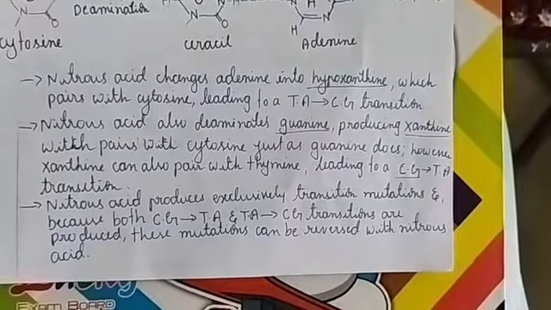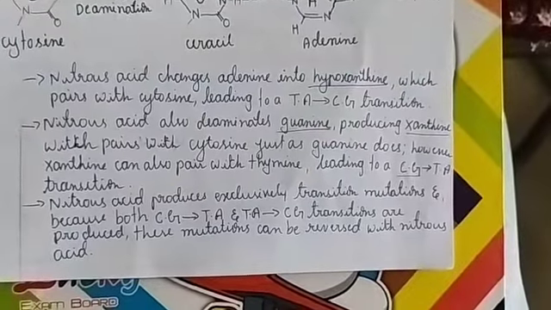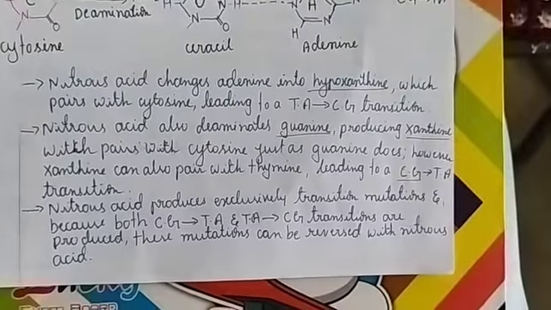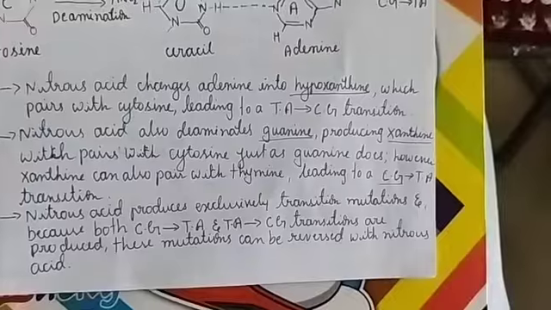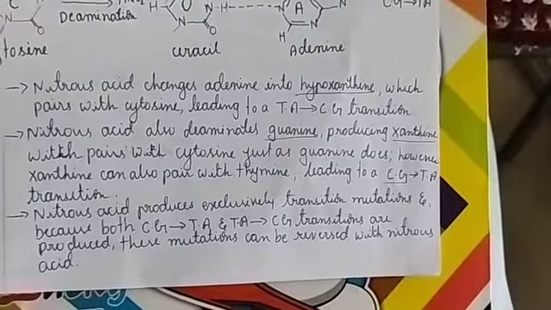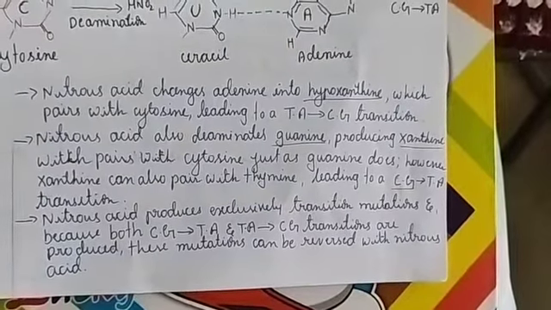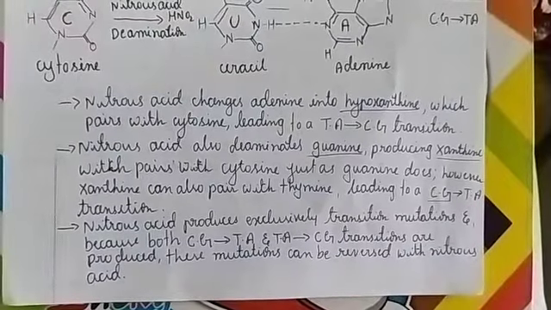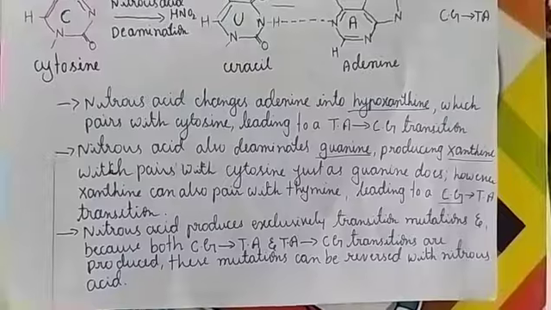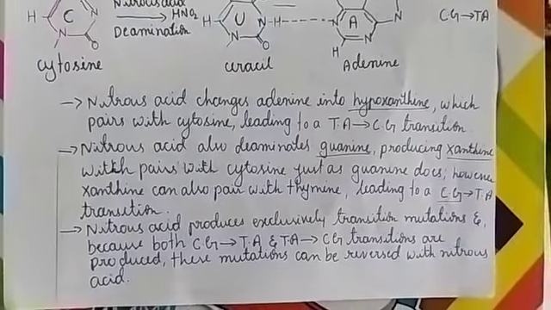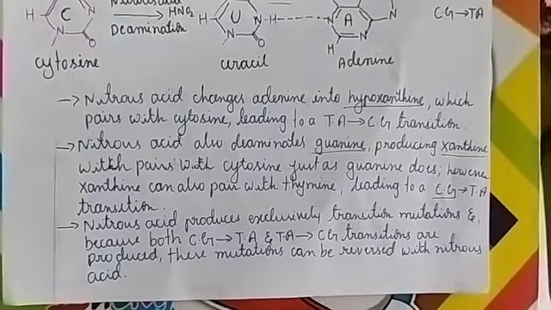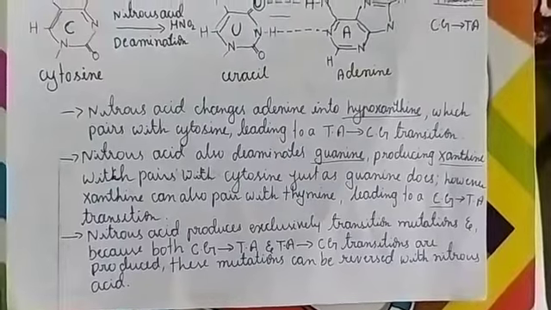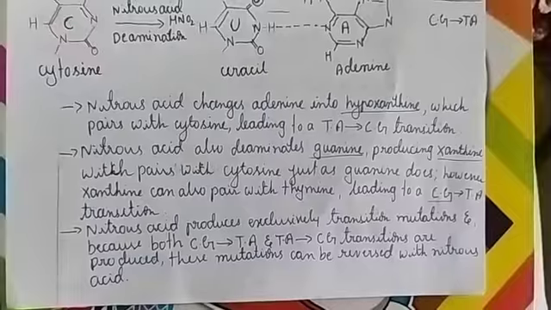And nitrous acid also deaminates guanine, producing xanthine, which pairs with the cytosine just as guanine does. However, xanthine can also pair with thymine, leading to a cytosine-guanine to thymine-adenine transition. Nitrous acid produces exclusively transition mutations, and because both cytosine-guanine to thymine-adenine and thymine-adenine to cytosine-guanine transitions are produced, these mutations can be reversed with nitrous acid.